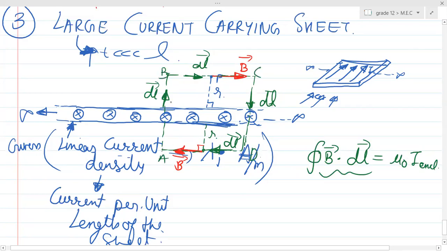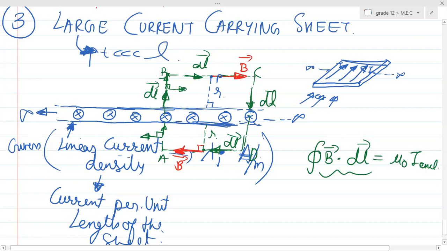Now can you see A to B? The magnetic field is in this direction, the dl vector is like this, 90 degrees here and 90 degrees here also. So can you see for part AB it will become 0.